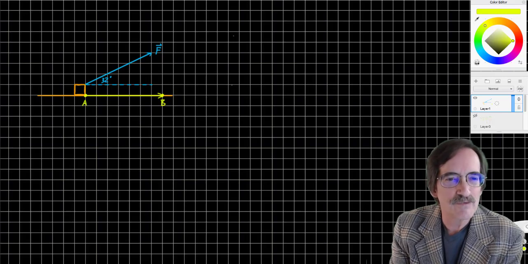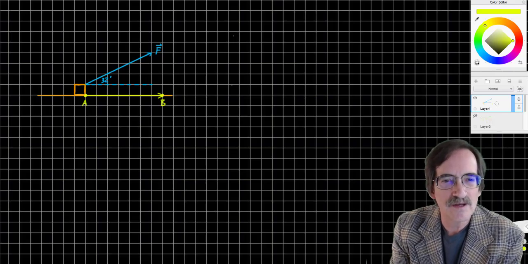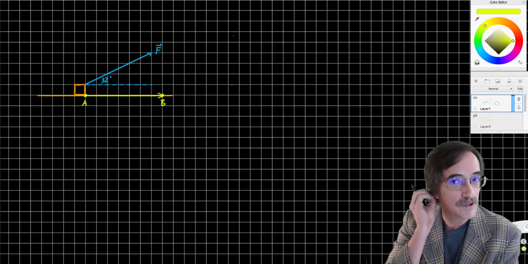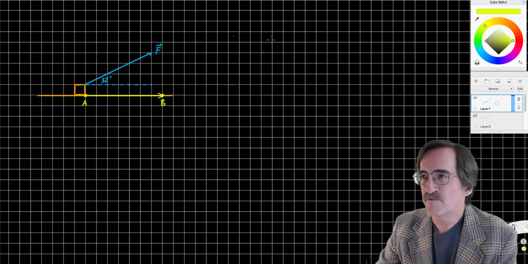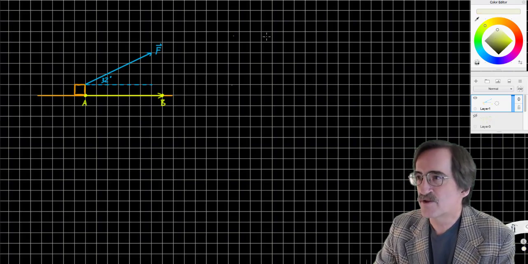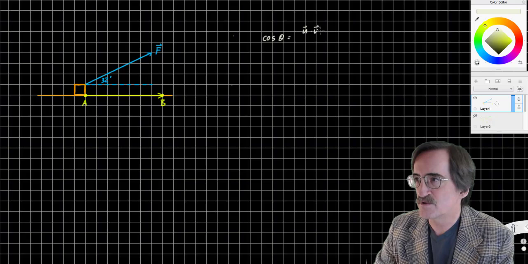All right, this is Pre-Calculus B, Unit 5, Lesson 6, the second recording in this lesson. I want to address the third and final application of the angle formula between two vectors, which we will give as cosine of theta, the cosine of the angle between the two vectors, is the dot product of the two vectors, u dot v, which is a scalar, divided by the magnitude of the vectors multiplied, which is also a scalar.